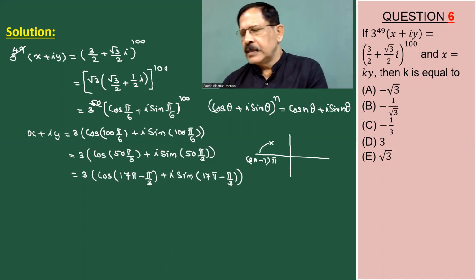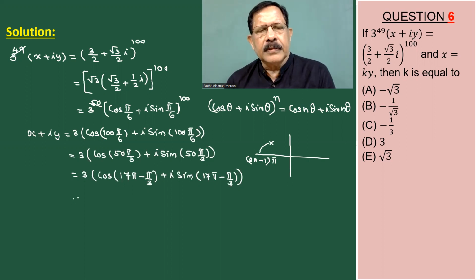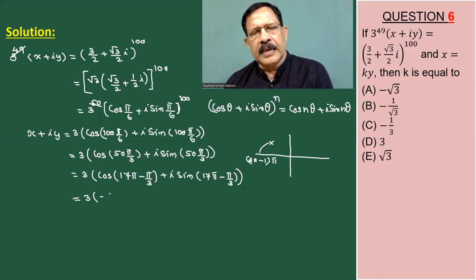Second quadrant. Sin is positive and cos is negative. No change in the ratio. So this is 3 into cos is negative, so minus cos pi by 3, sin is positive, plus I sin pi by 3.